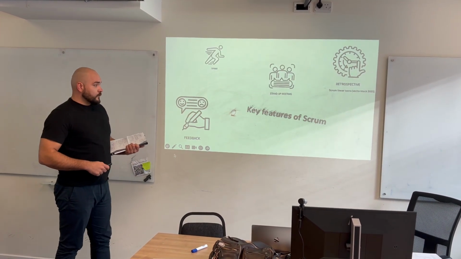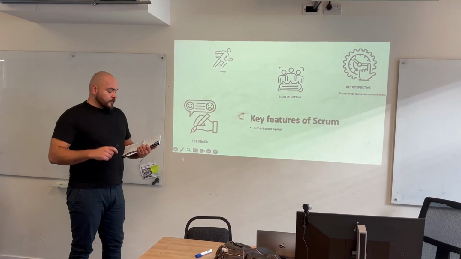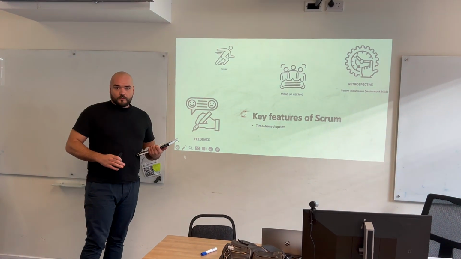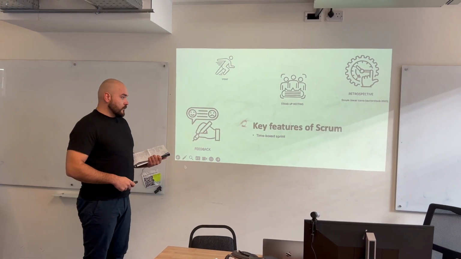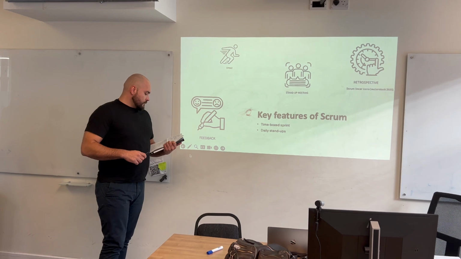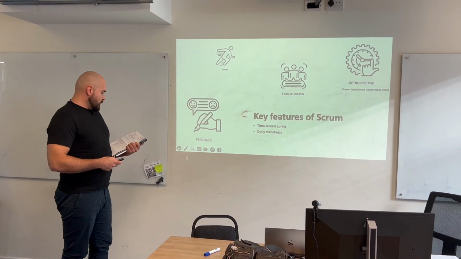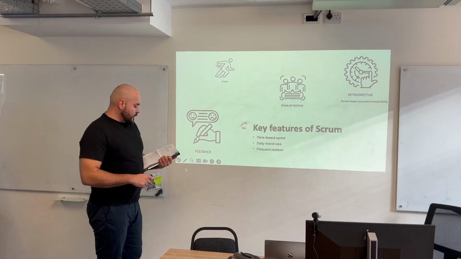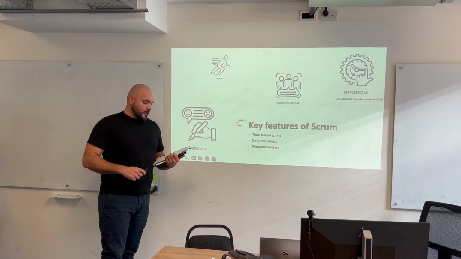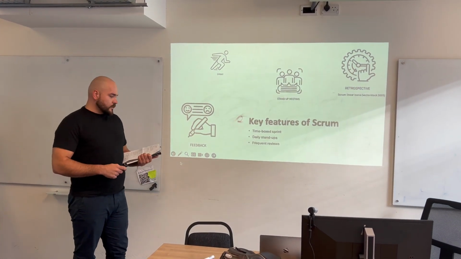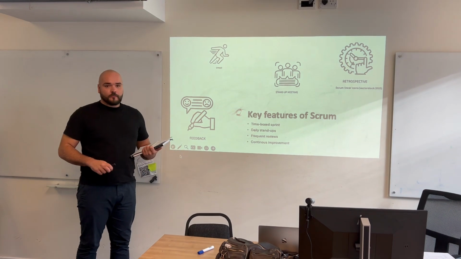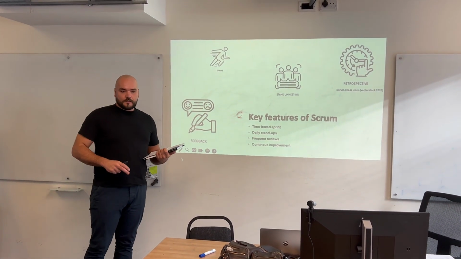The key features of Scrum are that it has an iterative approach, not linear like in waterfall. It has daily stand-ups like team check-ins on a regular daily basis, sprint reviews like gathering customer feedback on the ongoing project, and retrospective, a reflection on the process itself.